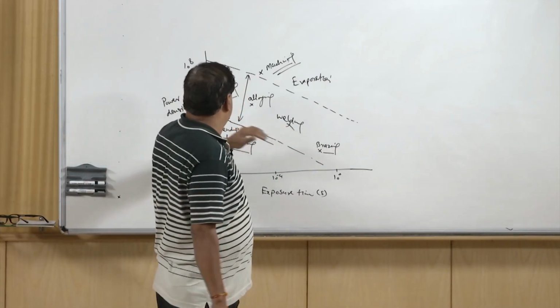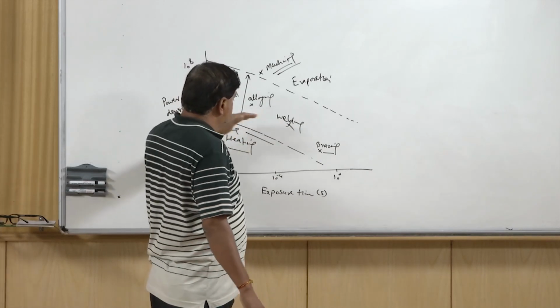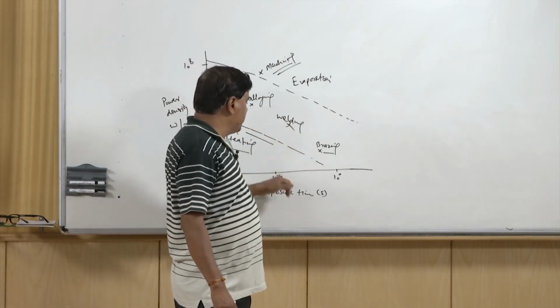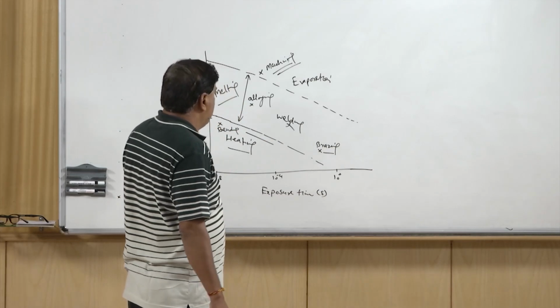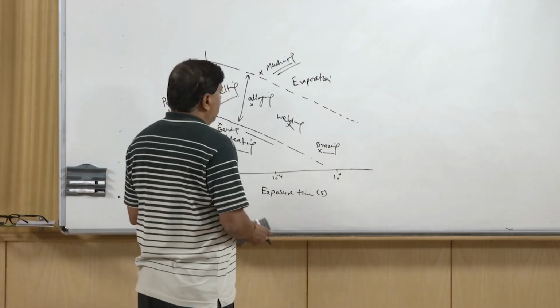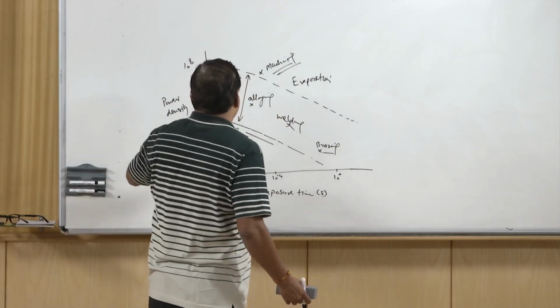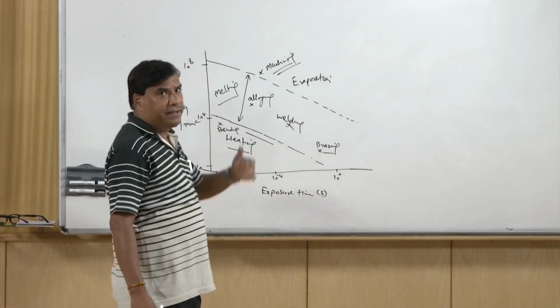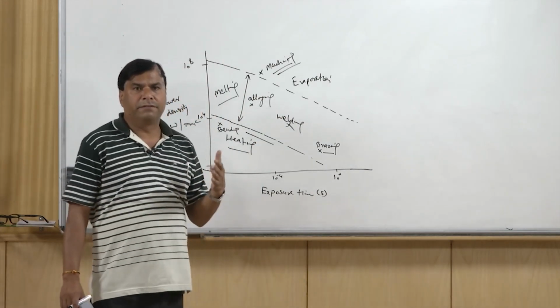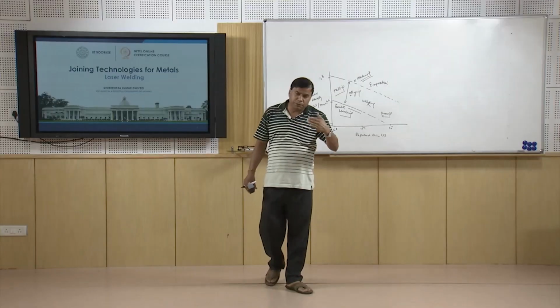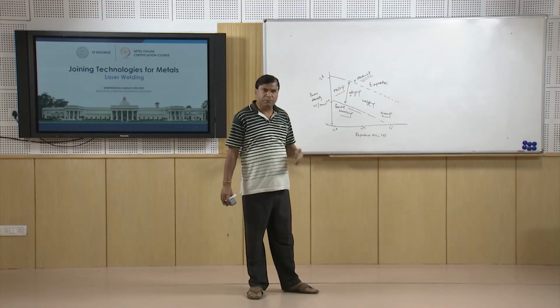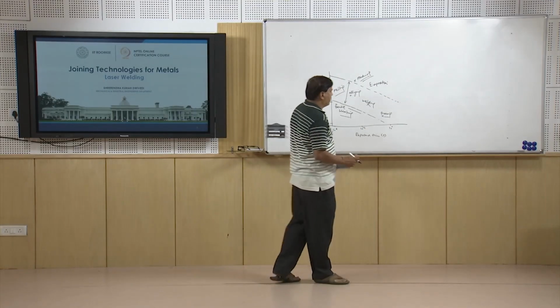Similarly somewhat moderate power density and the longer exposure period is used for the welding purpose. So this diagram gives the broad idea about the kind of exposure period and the power density to be used for the different purposes.